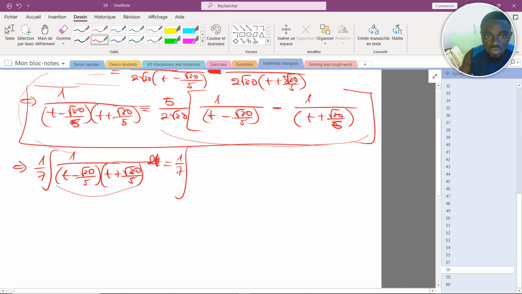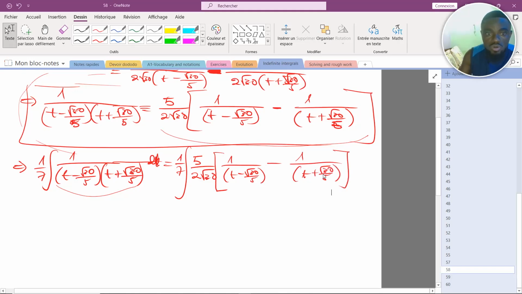So that will give 1 on 7 integral of, I'll copy the whole of this, 5 on 2 root 30 into 1 all over t minus root 30 on 5 minus 1 all over t plus root 30 on 5, all of this times dt.